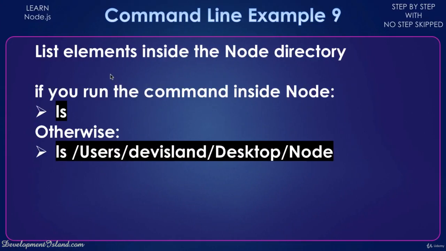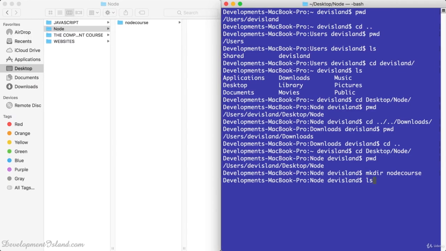Now we want to list elements inside the node directory. So this is something that we covered already. So you can just type ls or type the full path of the directory like that. So ls will tell you that there is one folder, right?